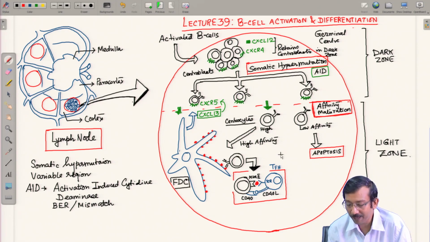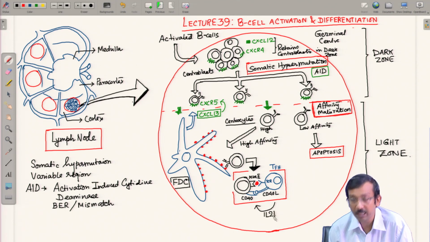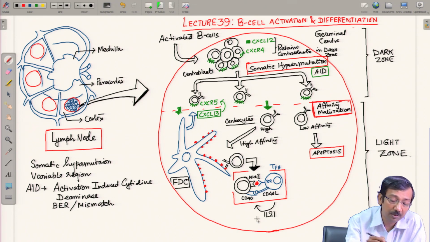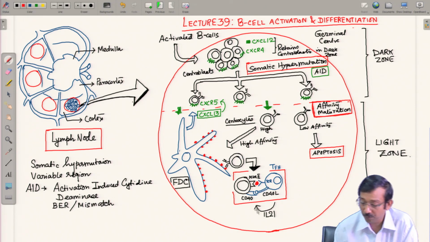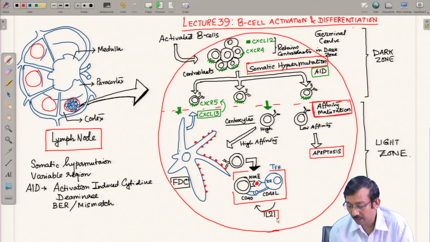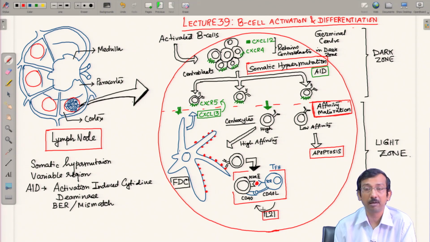So, now these TFH cells will start to produce IL-21 as well, a specialized interleukin or a specialized cytokine that is being produced from these TFH cells, the follicular helper cells.